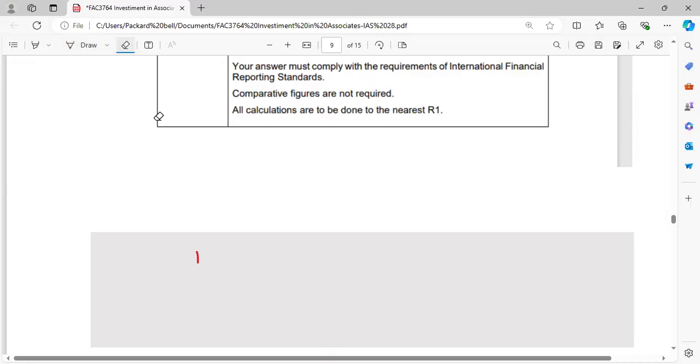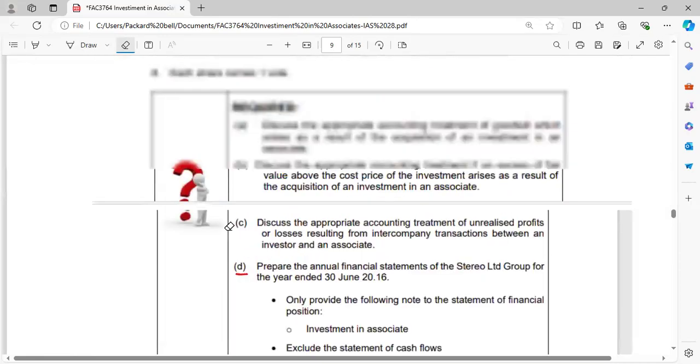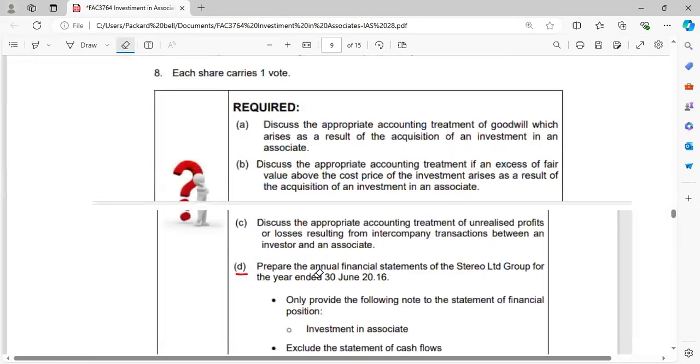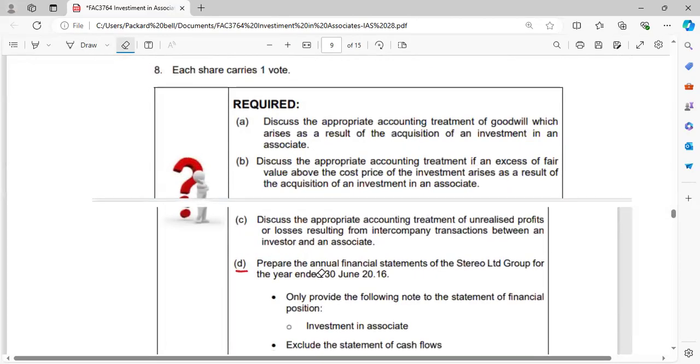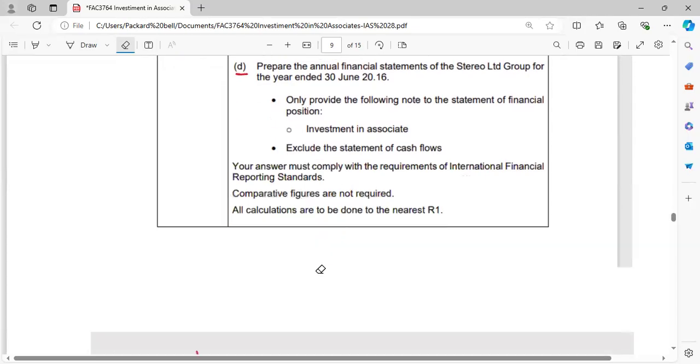We can use the analysis, or we cannot, but because there is goodwill in our calculation and we want to calculate goodwill or gain on bargain purchase, we can use the analysis, or we can use our method.